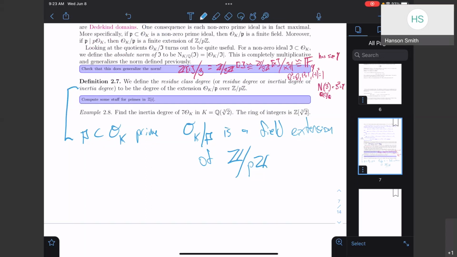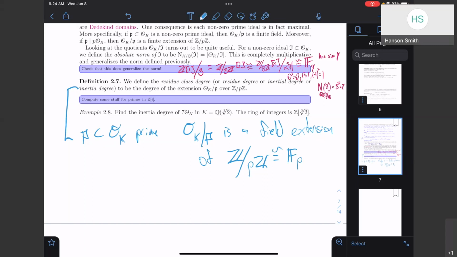And in fact, there's going to be a unique prime living below. So this is going to be a finite field, and it'll be a field extension of Z mod pZ, F_p. I'm going to probably wantonly go back and forth between writing F_p and Z mod pZ for these residue fields.